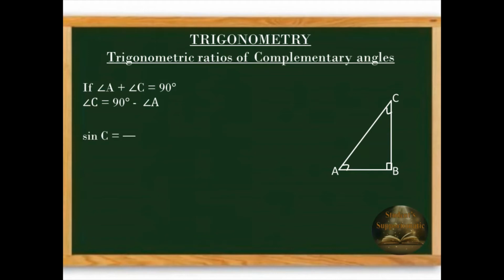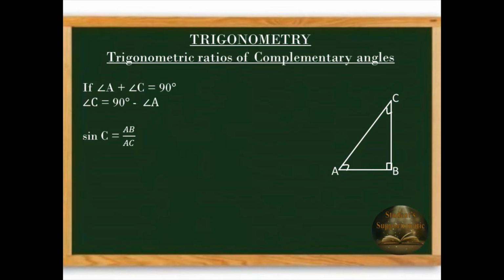Okay, so now sine C. We are writing this trigonometric ratio with respect to the angle C. Now for sine C, the opposite side is AB and the hypotenuse is AC. So opposite by hypotenuse, that is AB by AC. Now what is C?